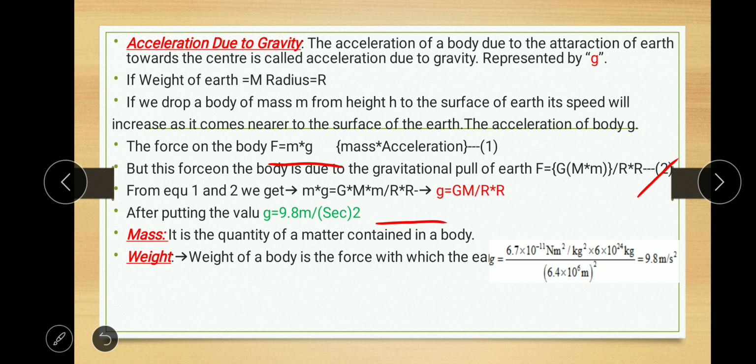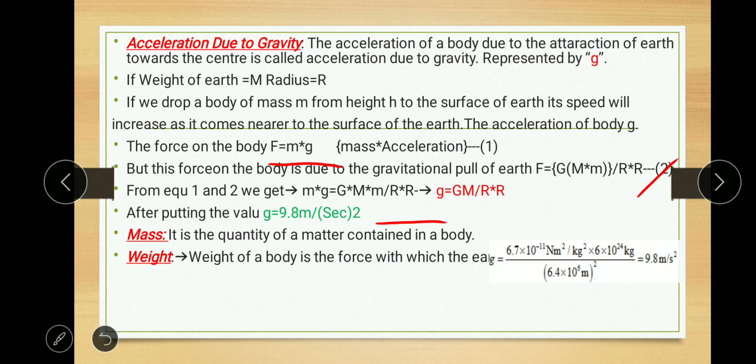Now, a very important thing: what is mass? It is the quantity of matter contained in a body. And the weight of a body is the force with which the Earth is attracting the body. In our day-to-day life, we don't differentiate between mass and weight.